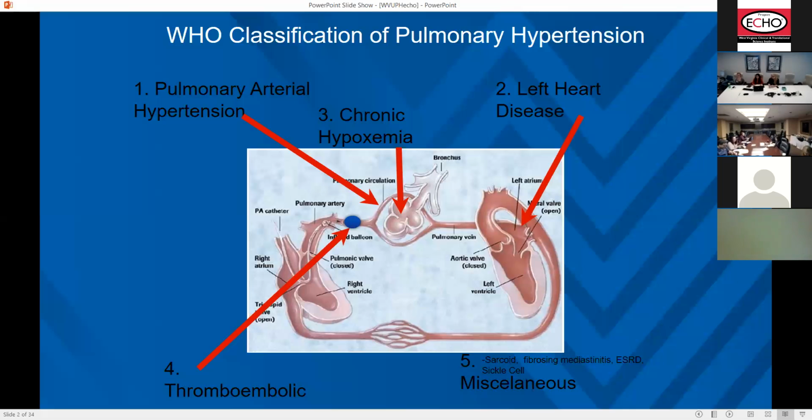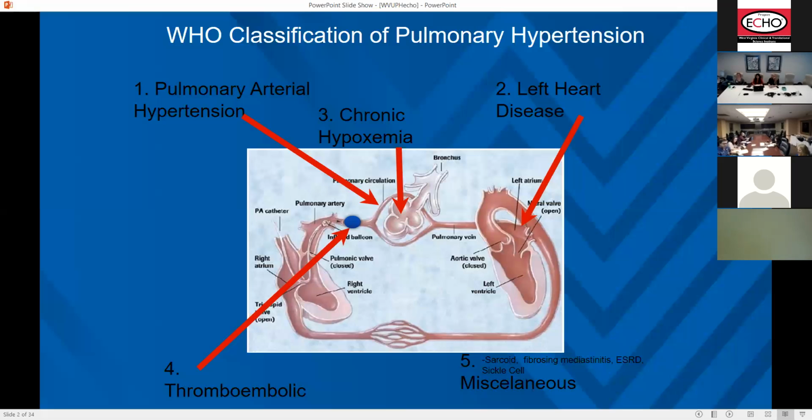Those are the lung disease alphabet soup: ILD, OSA, COPD, IPF, and so forth. Group 3 is very common, especially in the state of West Virginia. I see a lot of coal miners' pneumoconiosis, a lot of emphysema, COPD, smoking, tobacco, and sleep apnea. So group 3 is a big component of West Virginia.